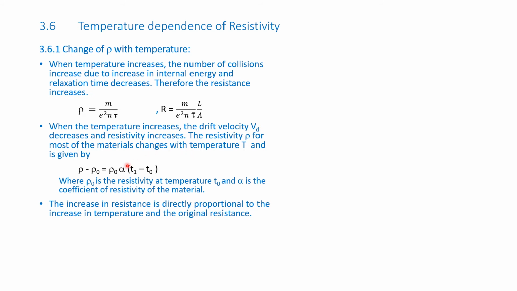So rho naught is the original resistivity, alpha is the coefficient of proportionality, and T1 minus T naught is the change in temperature.